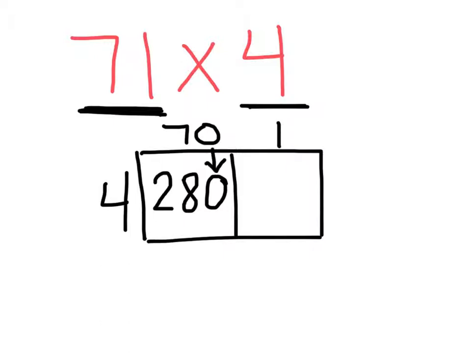It's really important. It's going to mess everything up. If you didn't, then you would have told me that 71 times 4 equals, I don't know, 28. If you'd remembered to do the 4 times 1, maybe you'd say 32. Both of those are wrong. So far, you should have 280, and you should also have 4.